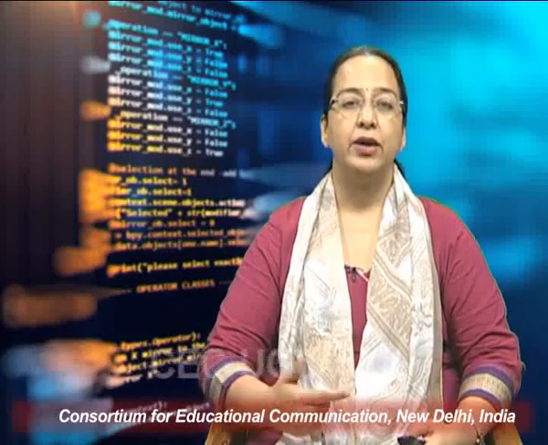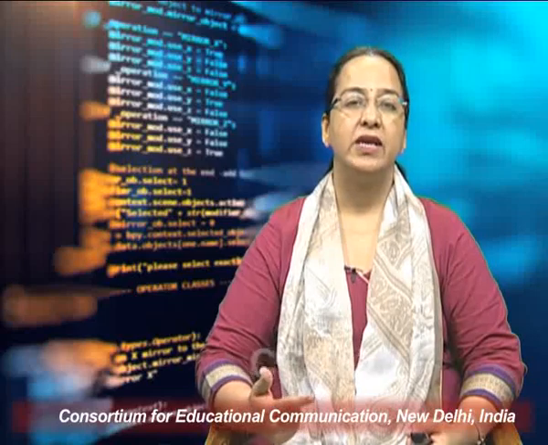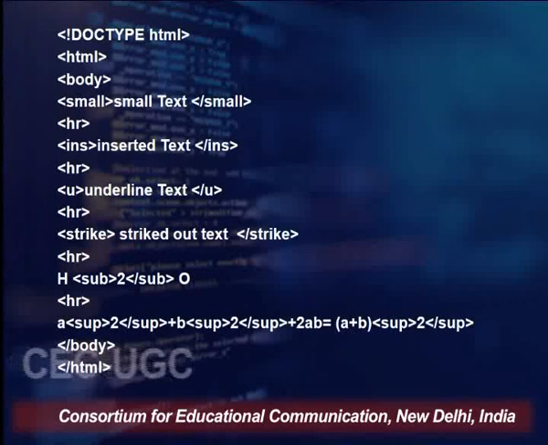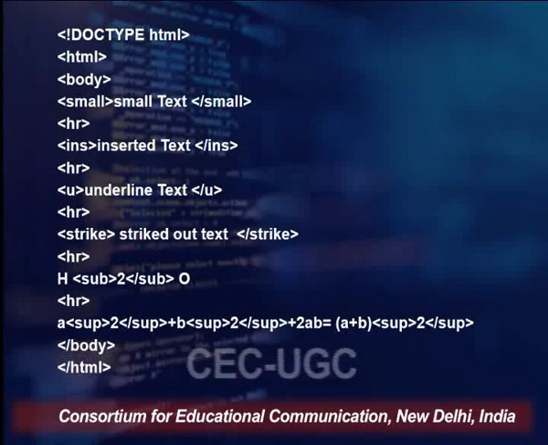which is H2O, and the 2 in this is a subscripted letter. So we have written H, then we started our subscript tag, then we have written 2 because that's the letter we want to enclose here.